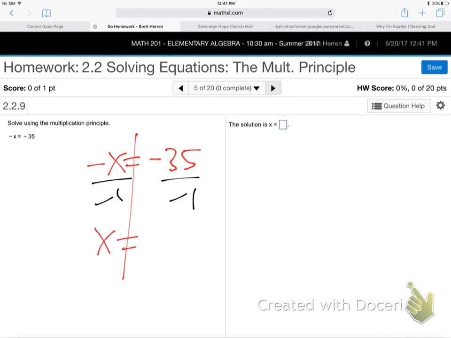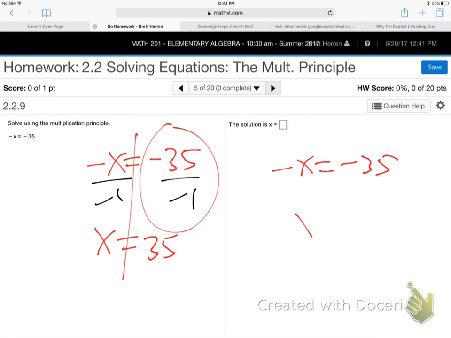And then 2 negatives, positive 5. So you could have just changed the sign on the right side from the beginning. Same effect, right? When you get to negative x is negative 35, you want to say, oh, it just switches the sign. So it'll be positive 35. You're right. That's what it does. Getting rid of the negative by the x just switches the sign on the other side as well, because you divide both sides by negative 1. And 2 negatives become positive. All right, you got it.